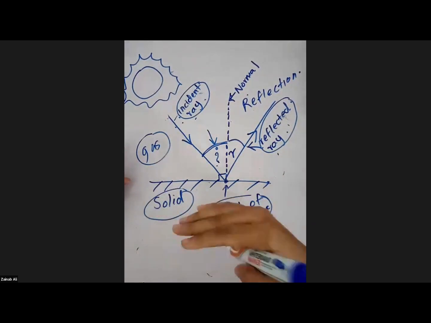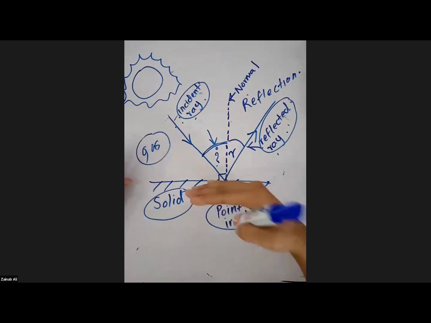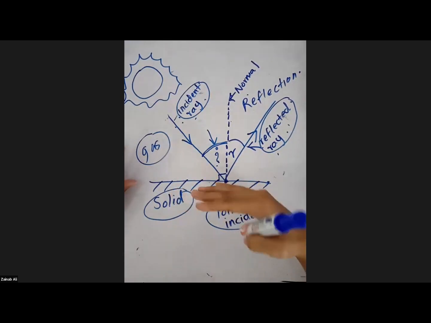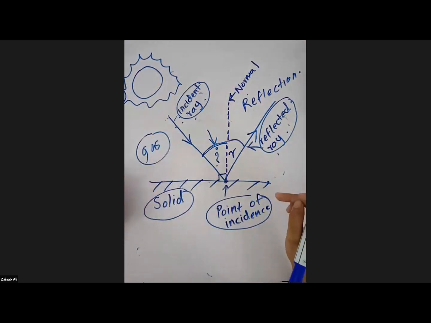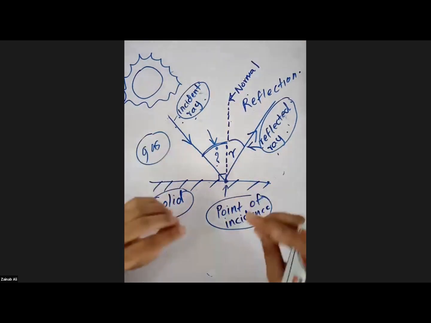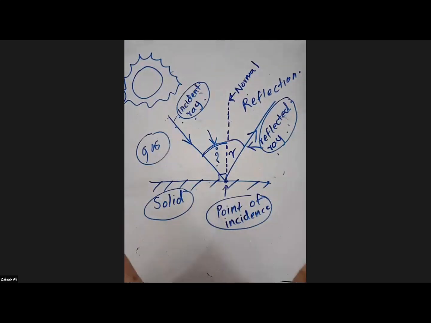It can be any smooth surface, and on a smooth surface, regular reflection will occur.